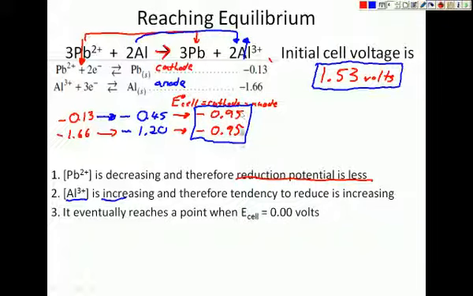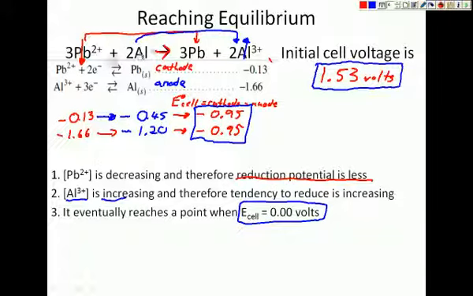Eventually they're going to reach the same reduction potential. And if you take the E0 cell, cathode minus your anode, eventually your E0 cell, or your voltage, is going to equal 0 volts. And that is essentially when it reaches equilibrium.